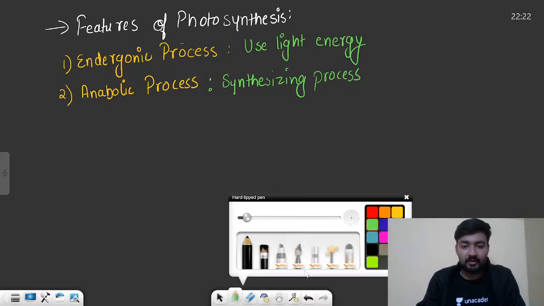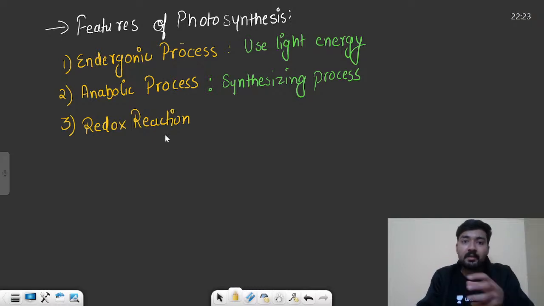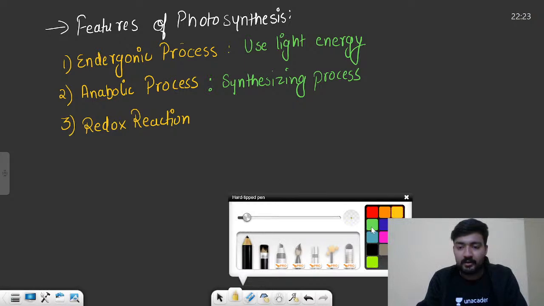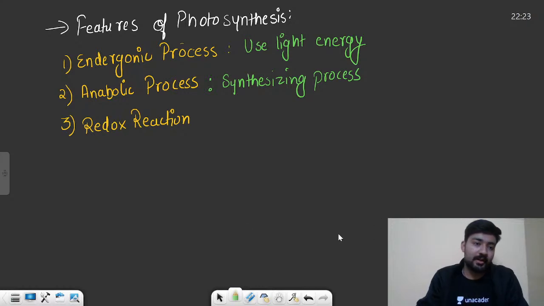The third feature of photosynthesis is that it is a redox reaction. Now, redox reactions are something that you must have studied in chemistry. It means oxidation and reduction. I'm sure that you know it. Let me give you an idea that redox is made up of two reactions, oxidation and reduction.